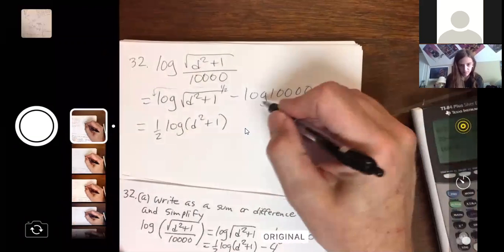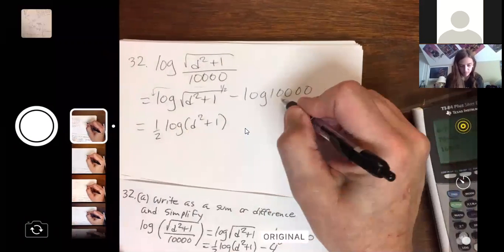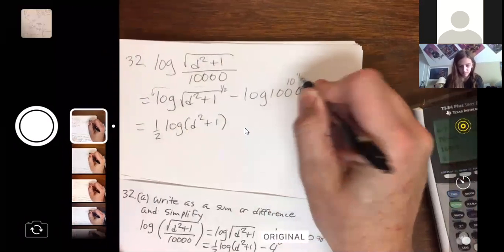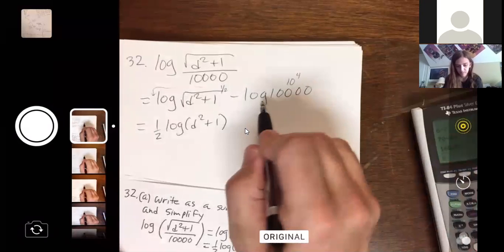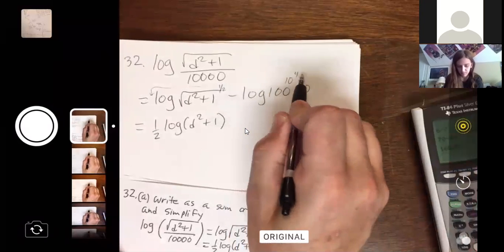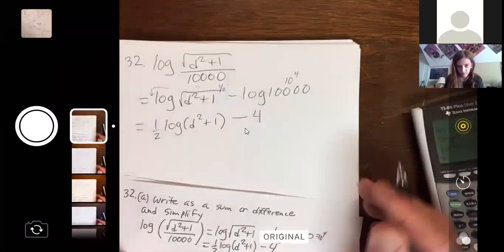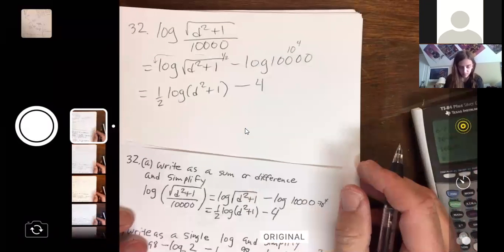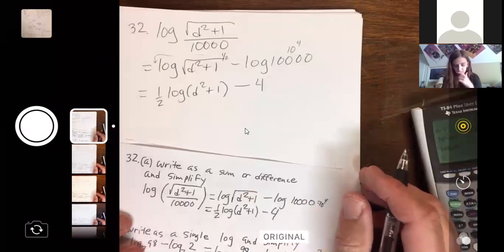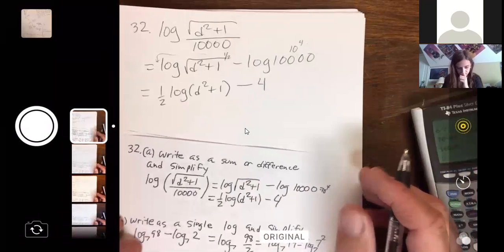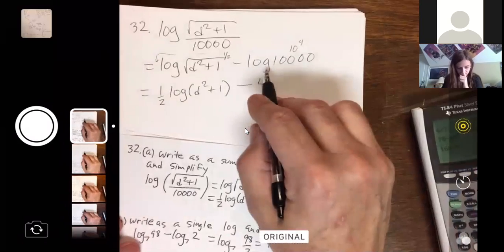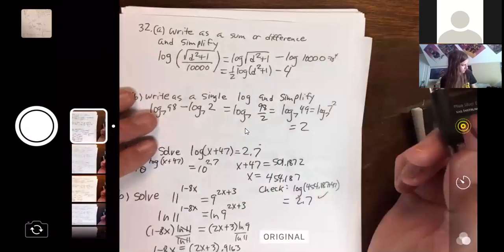And then this is base 10, and 10,000 is 10 to the 4th. So you can directly work that out. The log base 10 of 10 to the 4th is going to be directly 4. You can punch it in as well because you do have a LOG key. But that's where we get this.